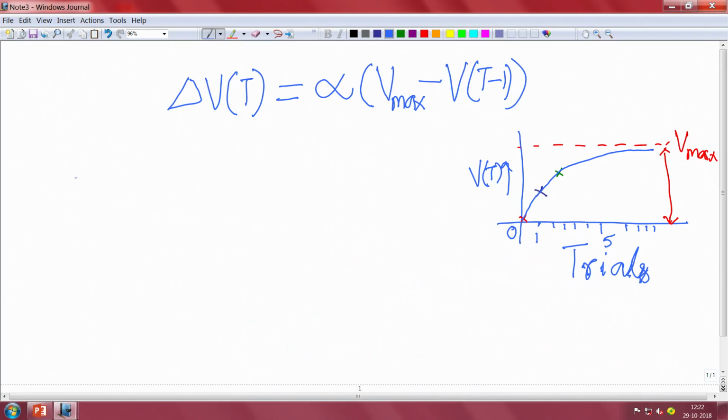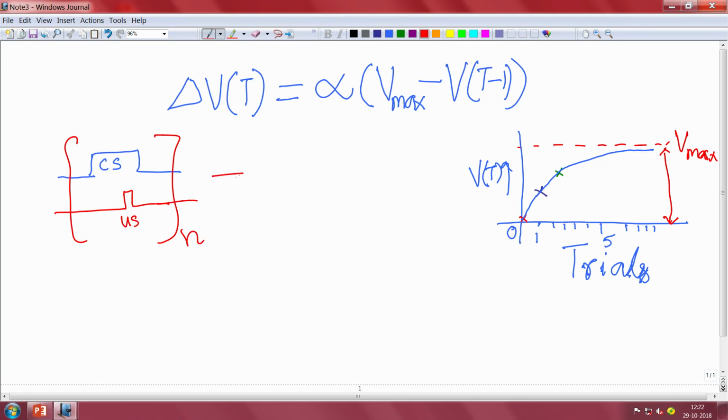So, what you are doing is, initially we were talking about pairing a CS along with a US in a contingent manner. We repeat this n number of times, again and again.